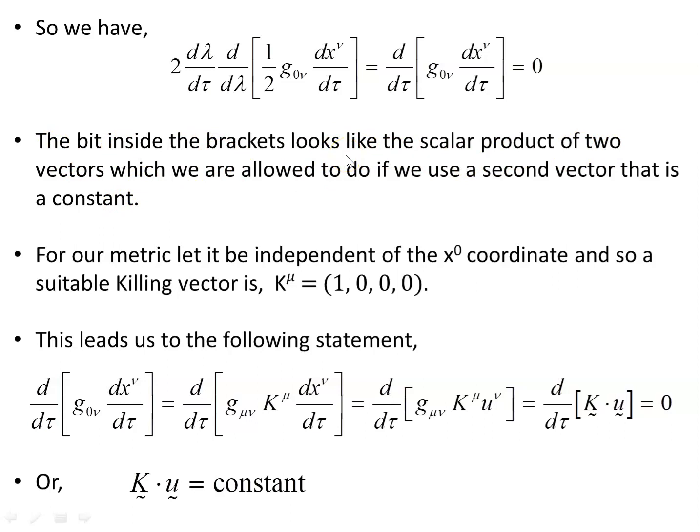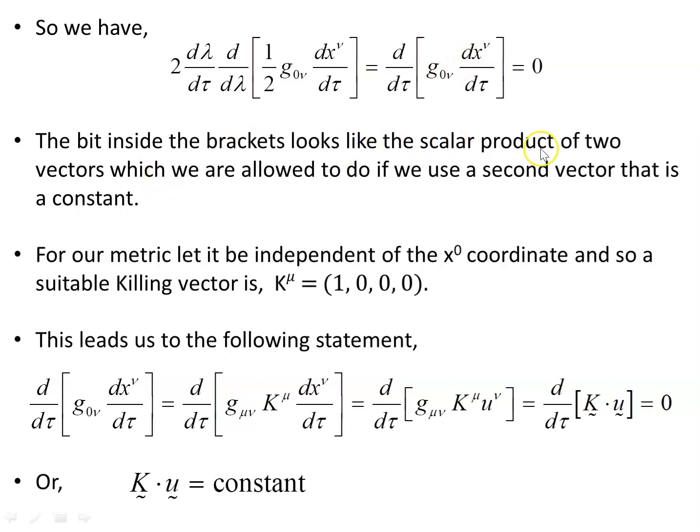Remember in curved space, when you want to take the scalar product of 2 vectors to find the magnitude, you've got 2 upper indices, and then you've got the metric with 2 lower indices, and that lowers one of the indices so that you can take the scalar product and result in the contraction of the 2 vectors to give you a scalar, because you have to have 1 up and 1 down according to the summation convention. But it looks like we're missing a vector in here.